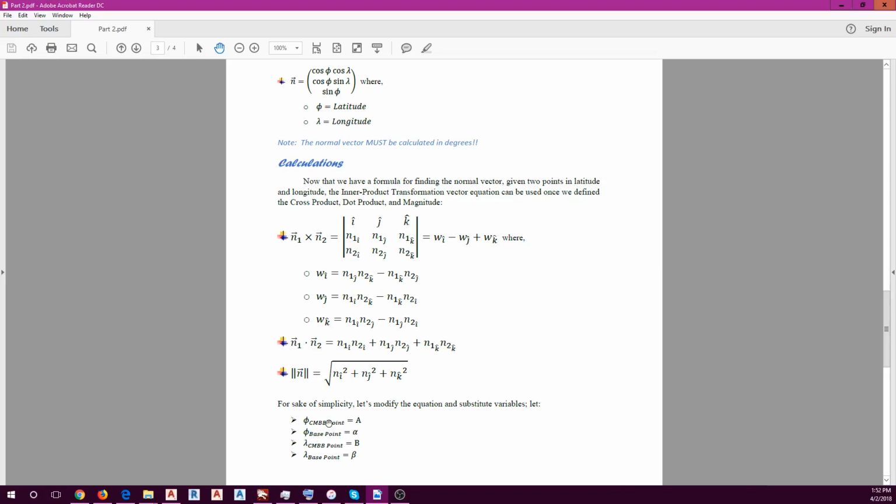So, in other words, n sub 1 is this where you plugged in capital alpha and capital beta for latitude and longitude, respectively. And n sub 2 is this where you plugged in lowercase alpha and lowercase beta for latitude and longitude, respectively.